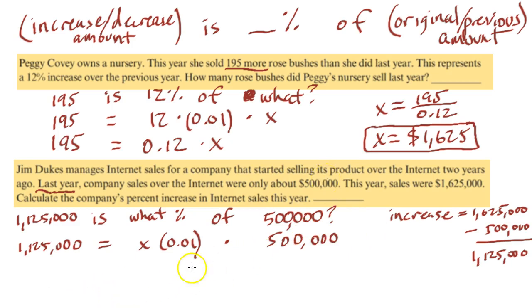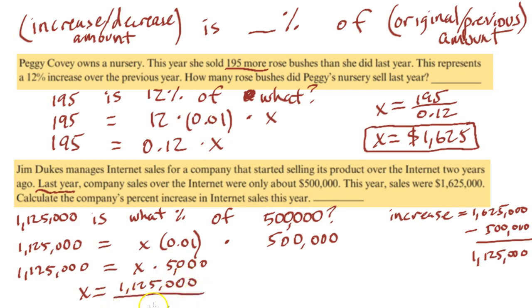Okay, we can solve this, and this would give us 1,125,000 equals 0.01 times 500,000, which is 5,000, times x. And then we can solve for x by taking 1,125,000 and dividing that by 5,000.